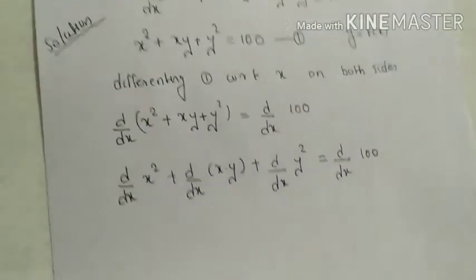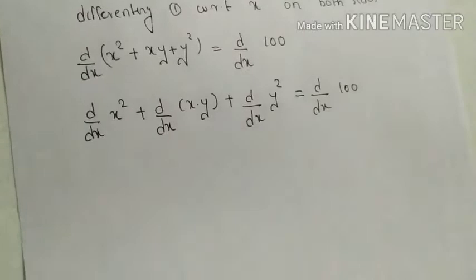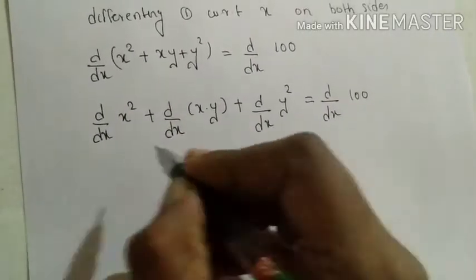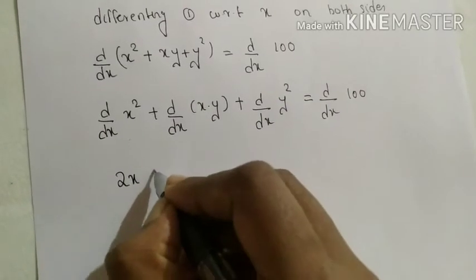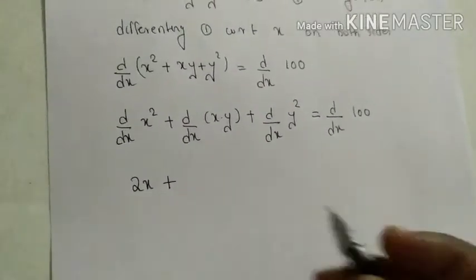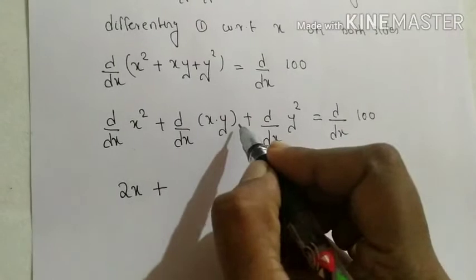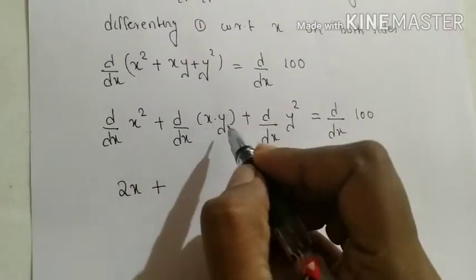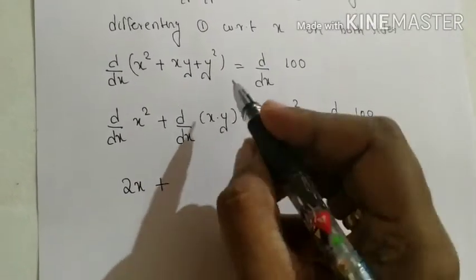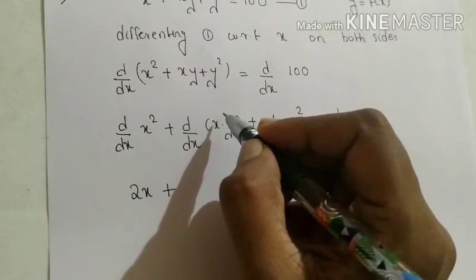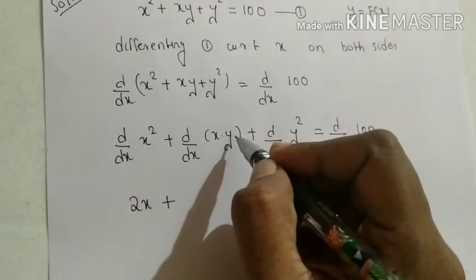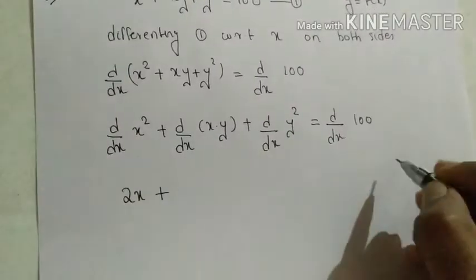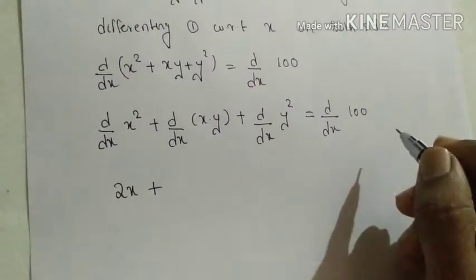Okay. So we know that the derivative of x square is 2x. So right here, plus the derivative of xy. Here in this step we are using the product rule because x is a function of x and y is another function. Okay, so here we are using the product rule.